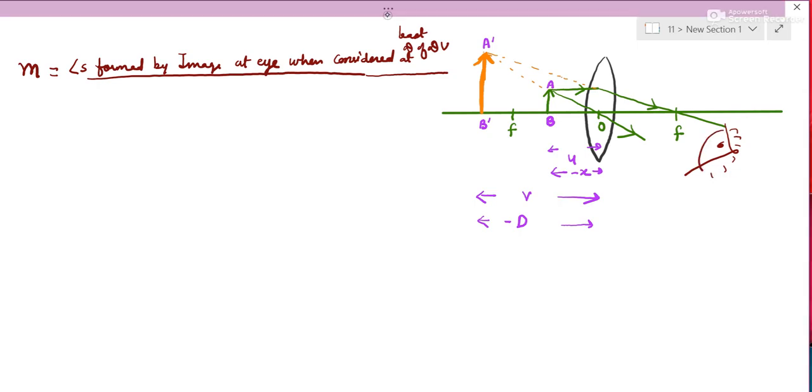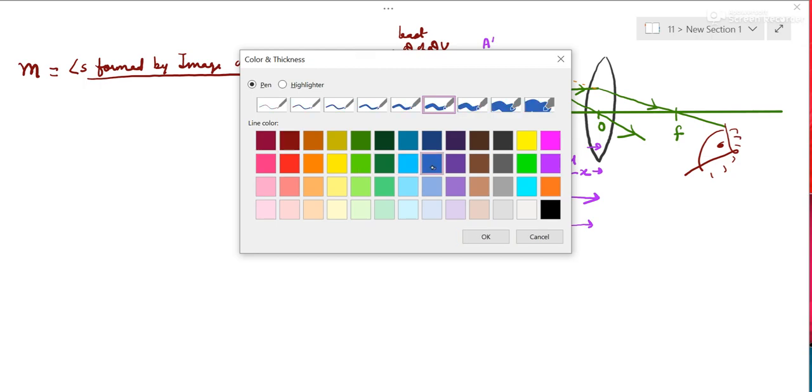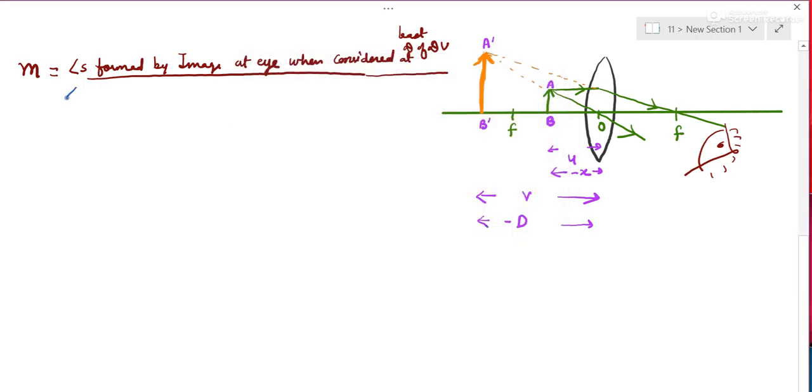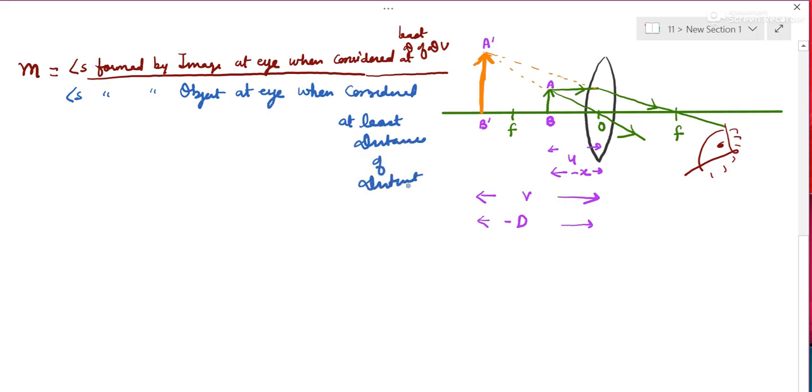Downward it is the angle formed by the object at the eye. This is fixed, irrespective of the case, when considered at the least distance of distinct vision. You will have to write it in full. So we will denote it by beta and alpha.